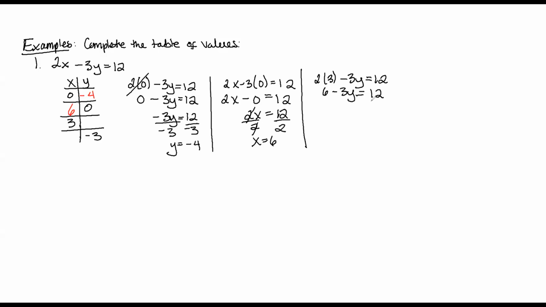Let's move the 6 over to the right by subtracting it. So we get -3y equals 6, and then divide both sides by -3. So then we get y equals -2. And that's our third number.